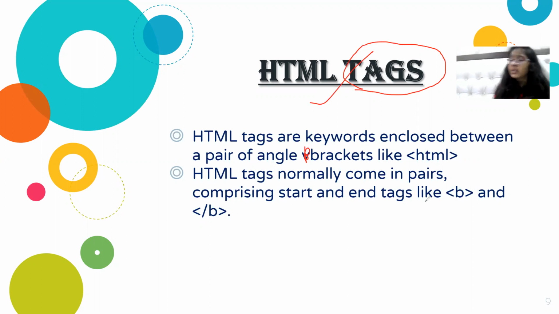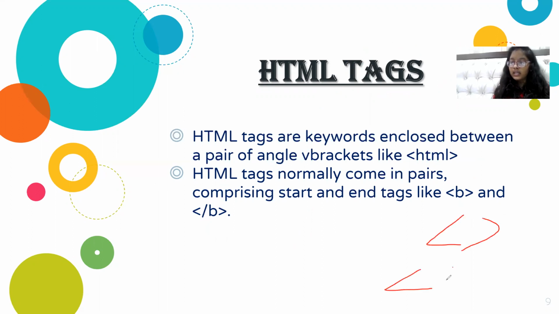The starting of the tag we write like this, but the ending sign should contain this. So normally the HTML tags come in a pair, first opening and then closing. The opening sign is like this and the closing sign contains this. Getting everybody?